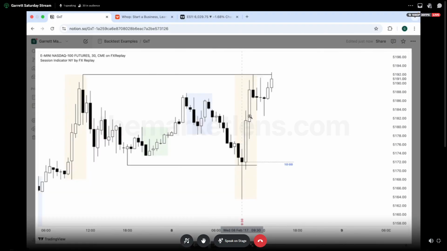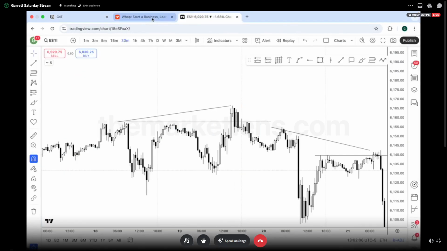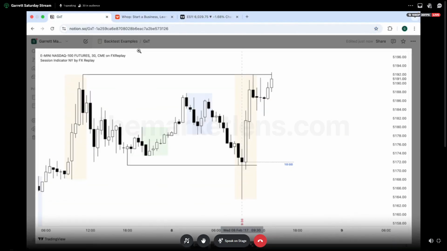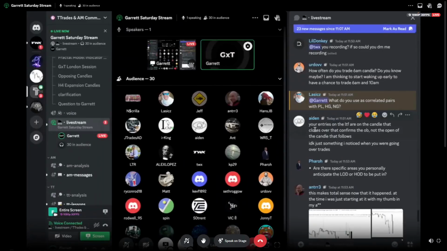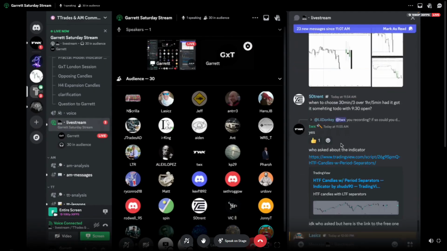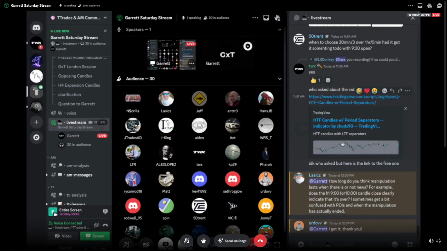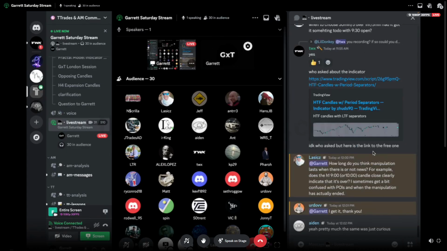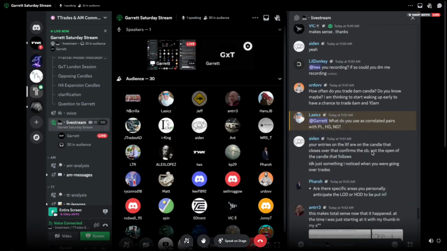It's the same thing because where the candle that creates the CSD closes is where the next candle opens. Is that what you're asking? Yeah, pretty much, it's the same thing.